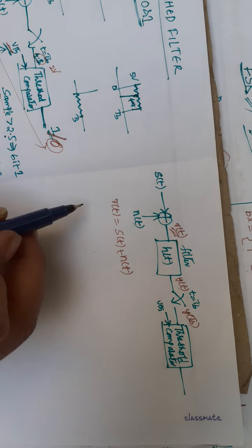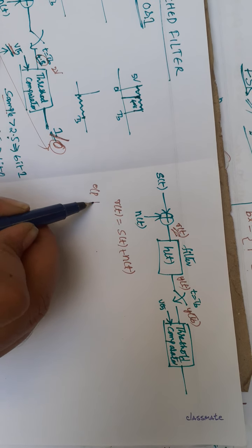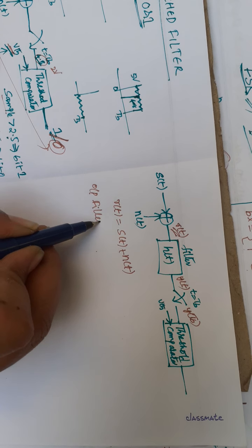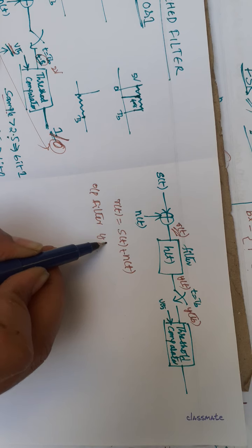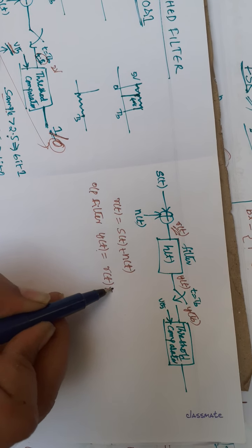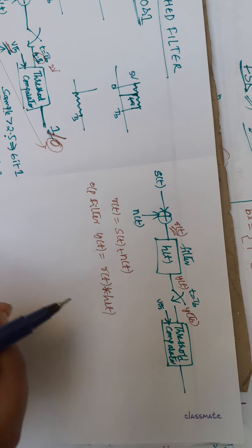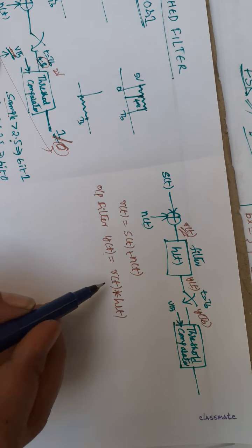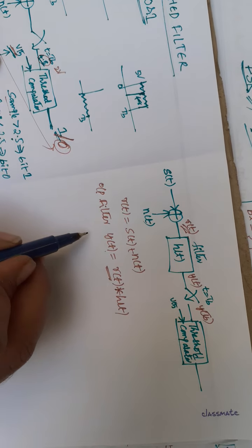And the output of the filter, Y of t, is equal to R of t convolved with H of t, right? Now here I want to substitute the R of t value.